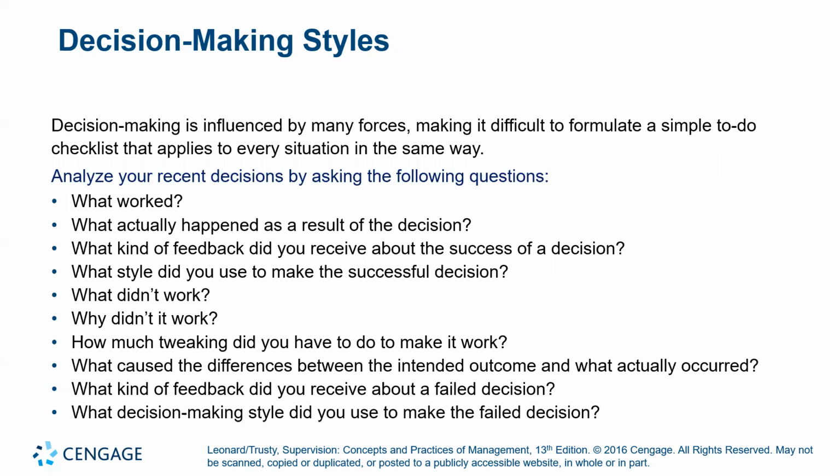The other thing is we have different decision-making styles. Sometimes, what will work for you won't work for someone else. Some people are more risk-oriented. Some people are more risk-averse. And that's not necessarily wrong. Some positions in a company, you want people who are willing to take risks. In others, you want people who are less willing to take risks.